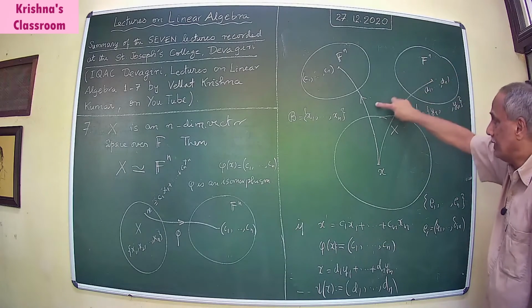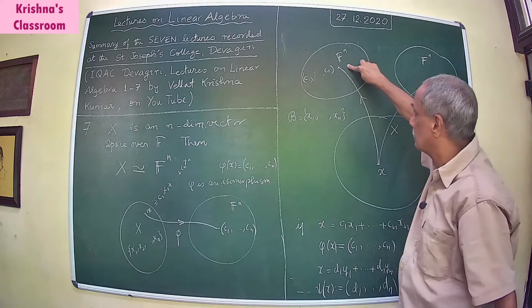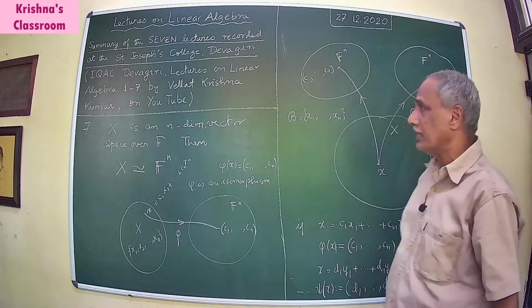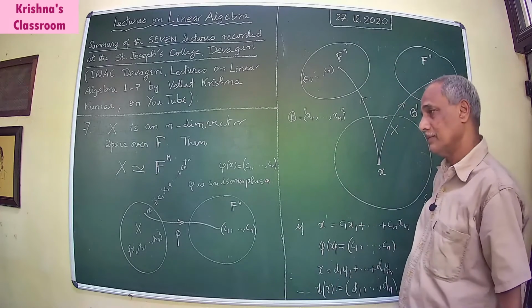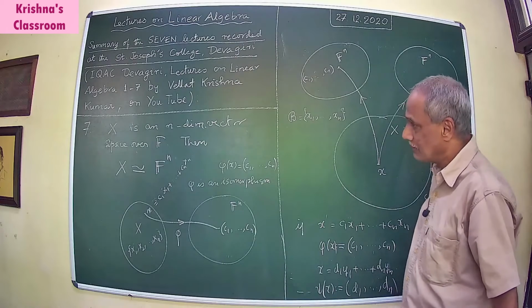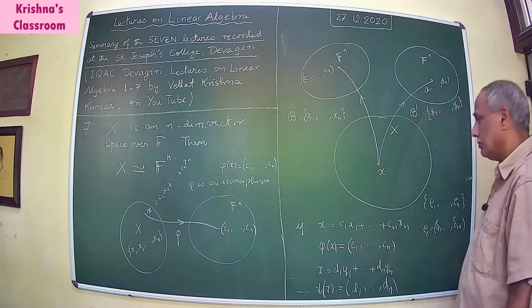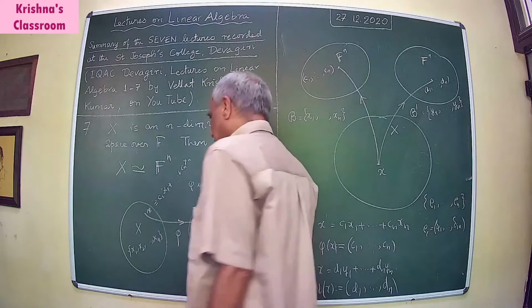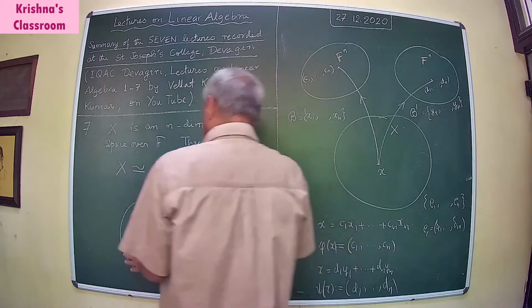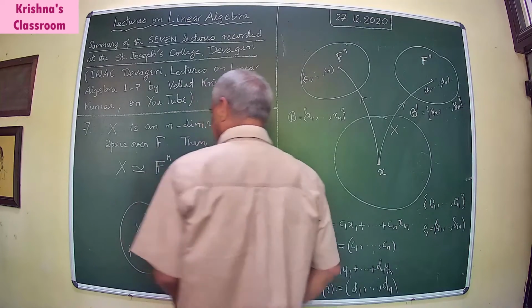Now if you are given the isomorphism between X and Fn, phi inverse is also an isomorphism of Fn to X. And further, when I say isomorphism here, it means the following: this is structurally the same as Fn.